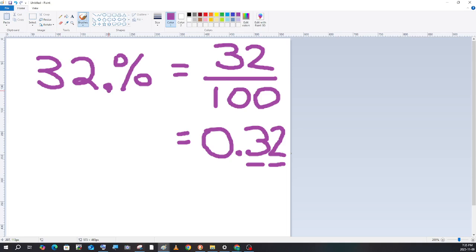To convert it to a decimal, I would move this decimal place 2 digits to the left, and I would have to put a 0 in front of that decimal point. Notice that after I move it 2 to the left, I have 0.32. So that's just another way of showing you that 32% is the same as 0.32.